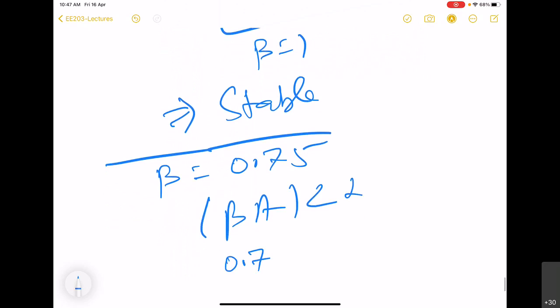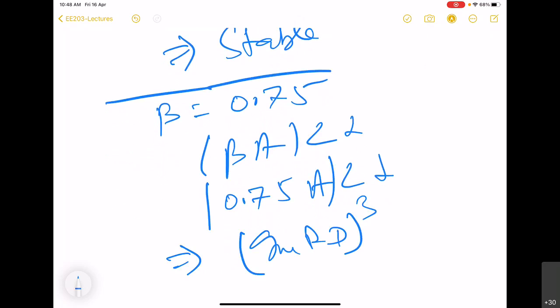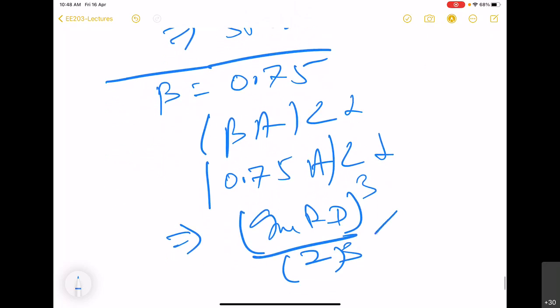That means 0.75 into A less than 1. So this will then give rise to gm rd cube by 2 cube less than 1 by 0.75.